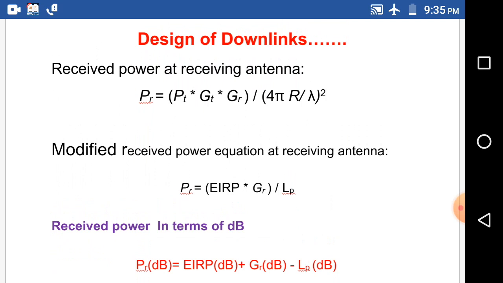This formula can be written in terms of the EIRP. So received power PR equals EIRP times the gain of the receiver antenna divided by LP, because all of you know what EIRP means and how to calculate EIRP, and what LP means and how to calculate LP.